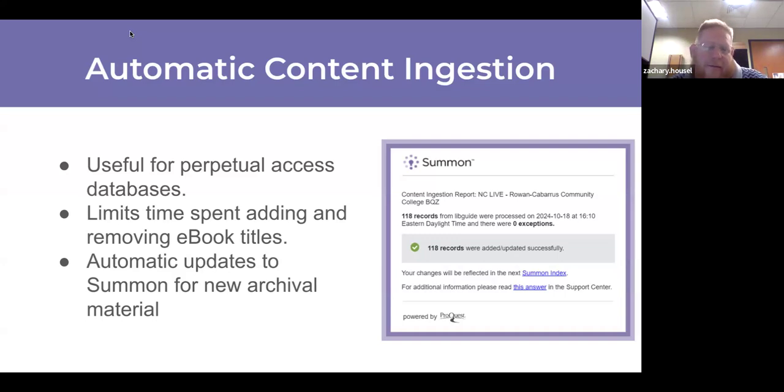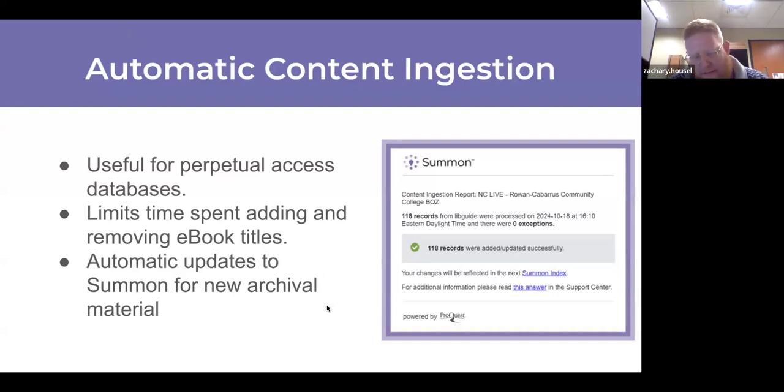So basically, every day I get this report of how many ebook titles were added or removed, and then I send that up the chain to my boss, and the coordinator will see if we should purchase more titles from perpetual access by just getting them outright.